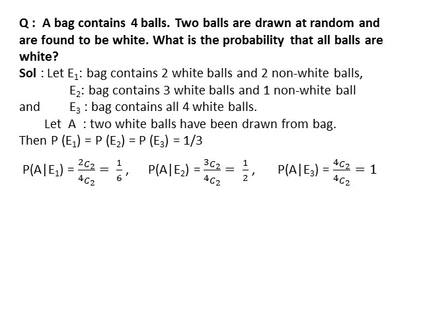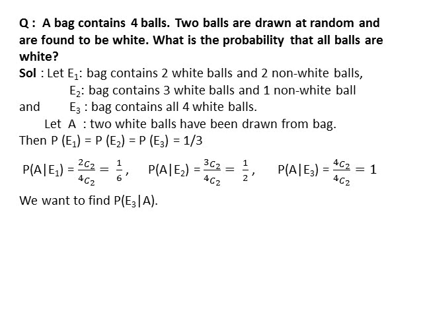Now, the probability that all balls in bag are white, given that 2 balls drawn are white, is P(E3 given A). So, we want to find P(E3 given A).